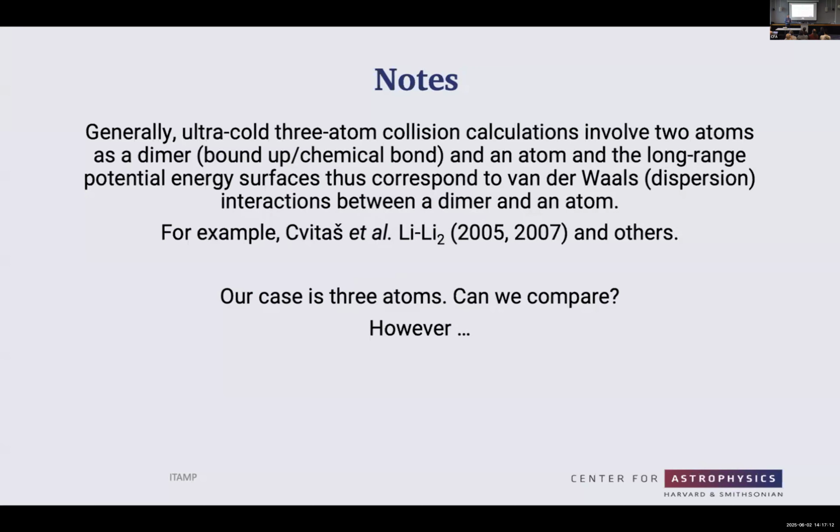You may have another one in mind, but they're doing a calculation of a lithium dimer colliding with a lithium atom. So that lithium dimer is already bound up. That's not what we're calculating here. We're calculating the 3 lithium atoms, their long-range interaction. So it's not a lithium dimer interacting with lithium. It's just 3 lithium atoms, equally distant in this equilateral triangle configuration, for example.